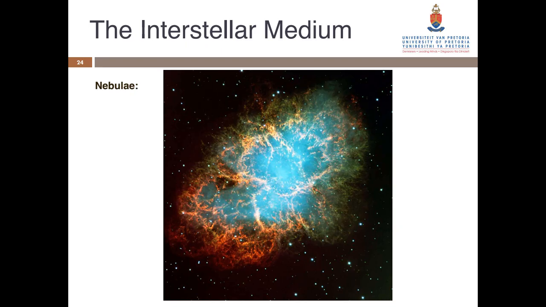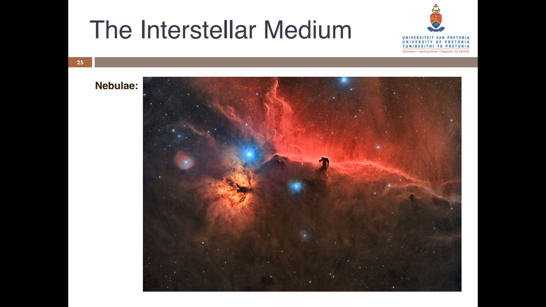Oh, not the Helix Nebula, but this is the Crab Nebula, which is also very well studied and very beautiful. Do you guys recognize this nebula? Yes, that is the Horsehead Nebula, because it looks like a horse's head, and that is situated inside the Orion Nebula.